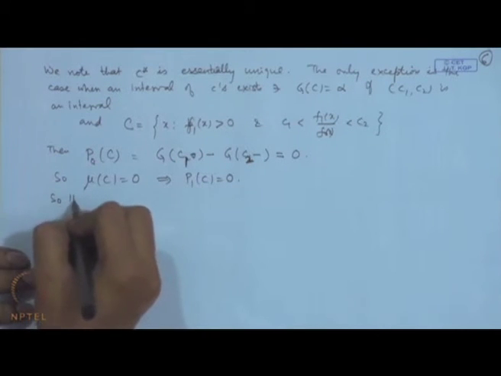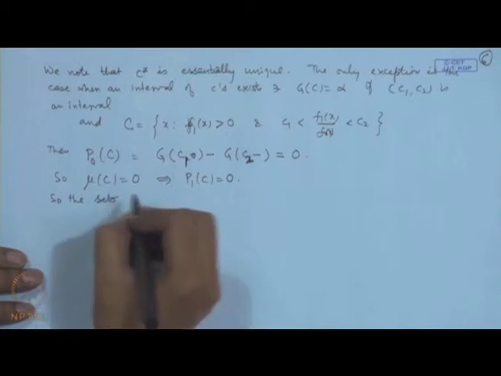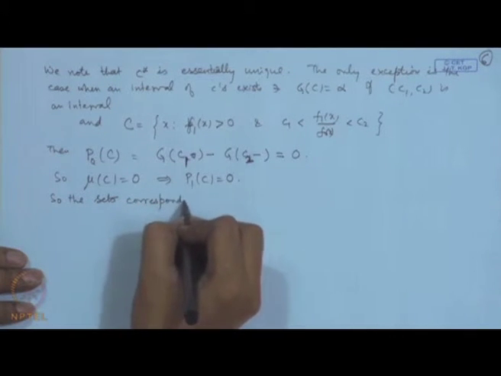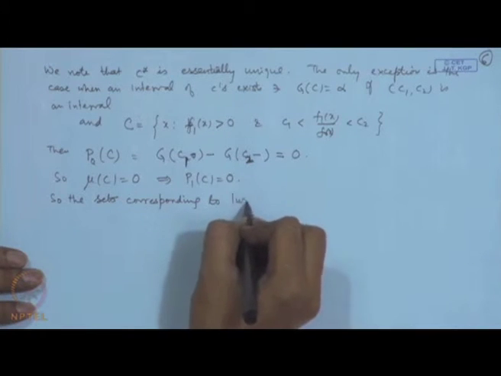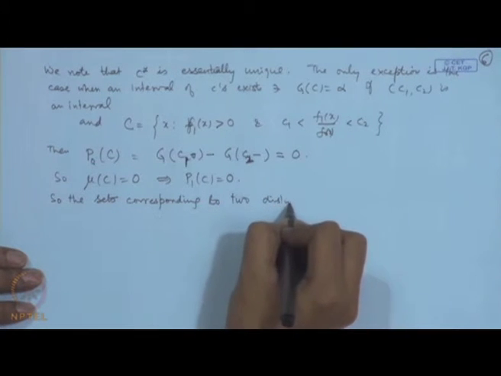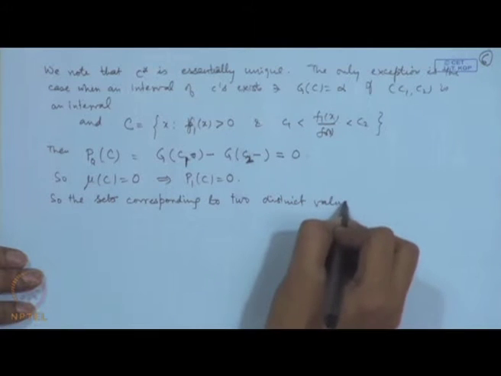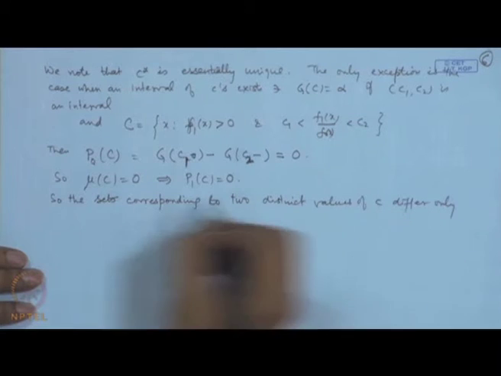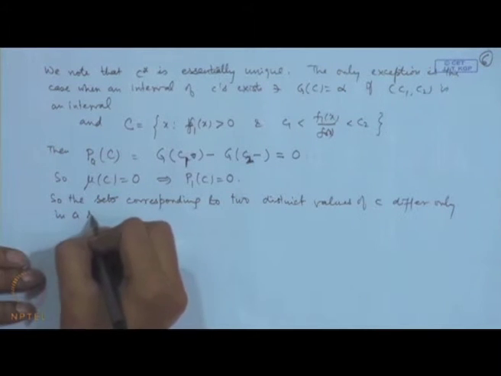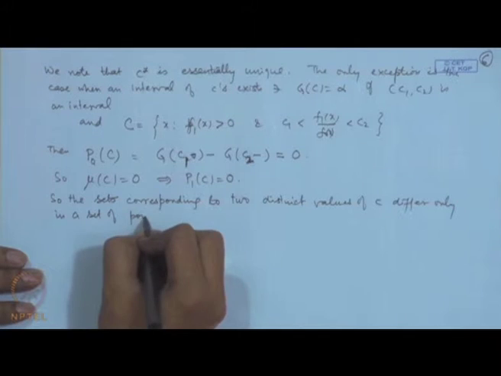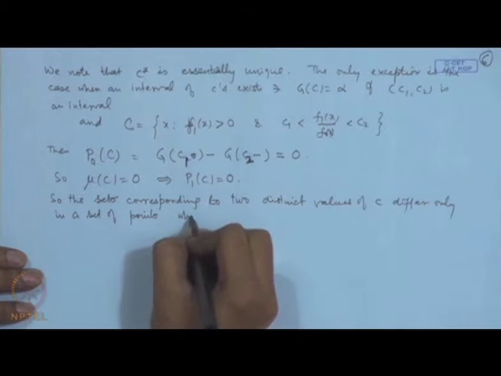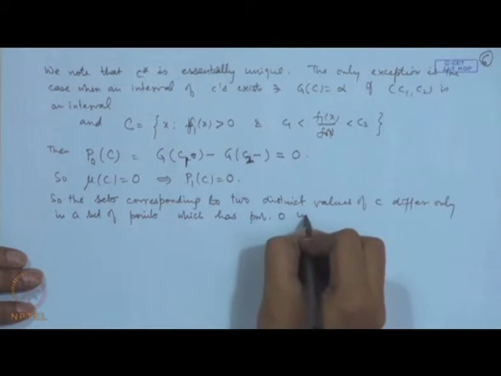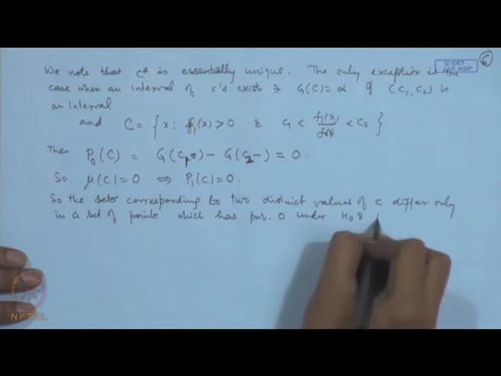So, the sets corresponding to two distinct values of C differ only in a set of points which has probability 0 under H naught and H 1.